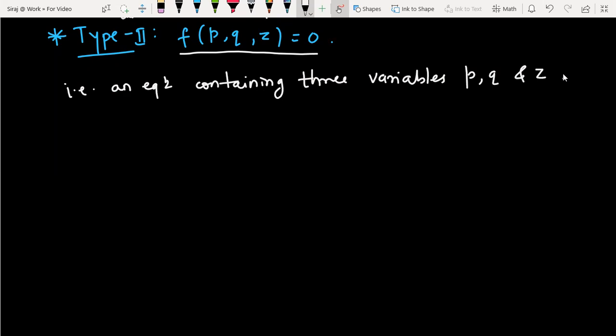So please be sure that the three variables should be only p, q, and z. Then only we can solve it by using type 2.